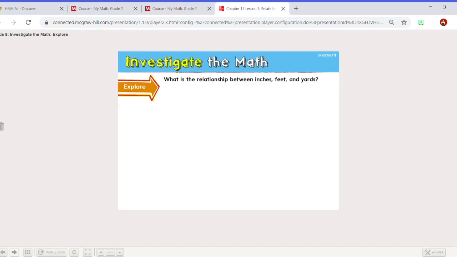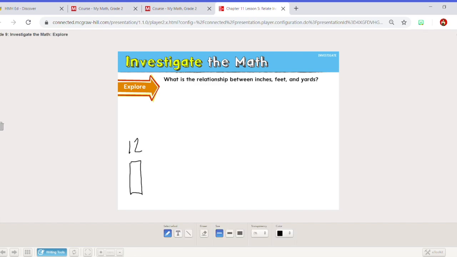Now that our brain is warmed up, we're going to look at the relationship between inches, feet, and yards. We know that a ruler is 12 inches. 1 ruler is the same as 1 foot. I put FT for foot.